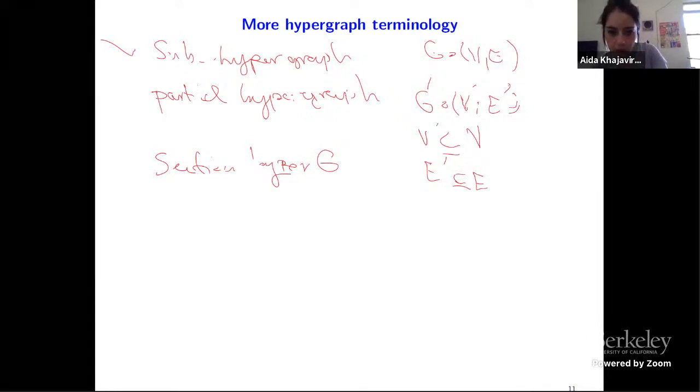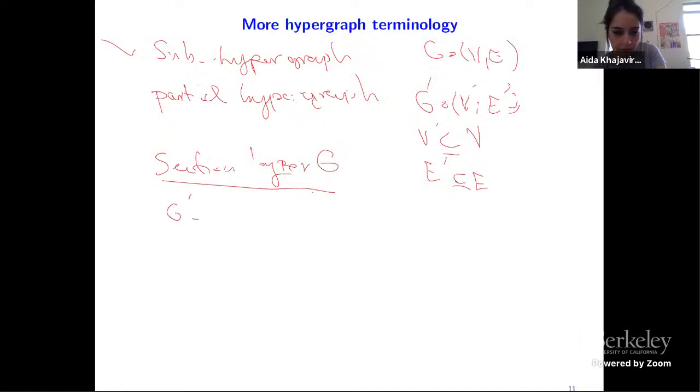Now a section hypergraph is a partial hypergraph where, if I have G prime equal to V prime, E prime, with V prime a subset of V, then E prime should contain all edges in E that are a subset of V prime.